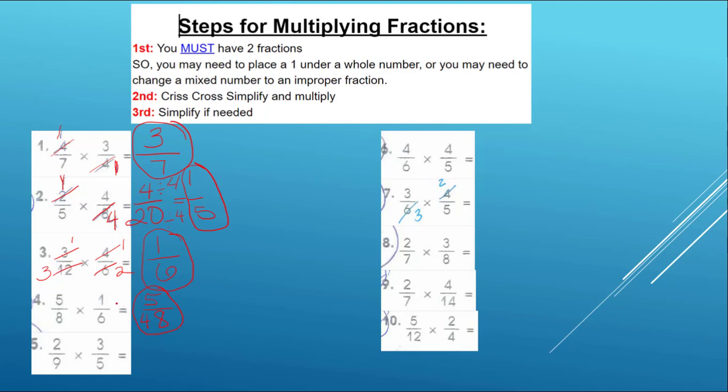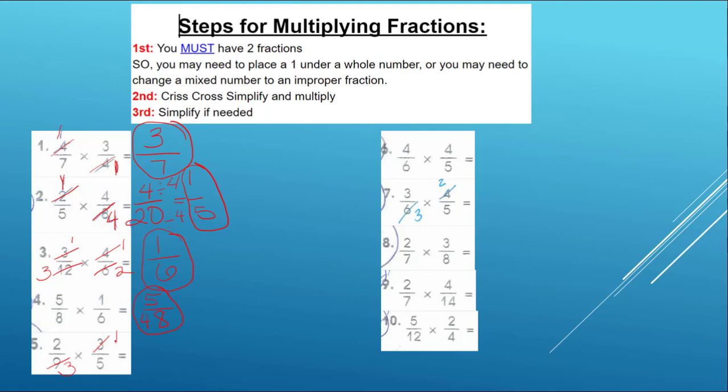Number 5, 2/9 times 3/5. Okay, we have two fractions. See if we need to crisscross simplify, and we do. So our 2 and 5, there is not a number that both of those can be divided by. So let's look at our 3 and 9. 3 and 9 can both be divided by 3. 3 divided by 3 is 1. 9 divided by 3 is 3.